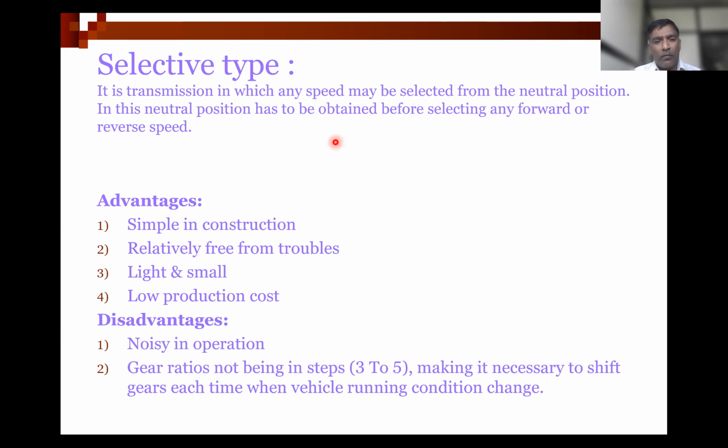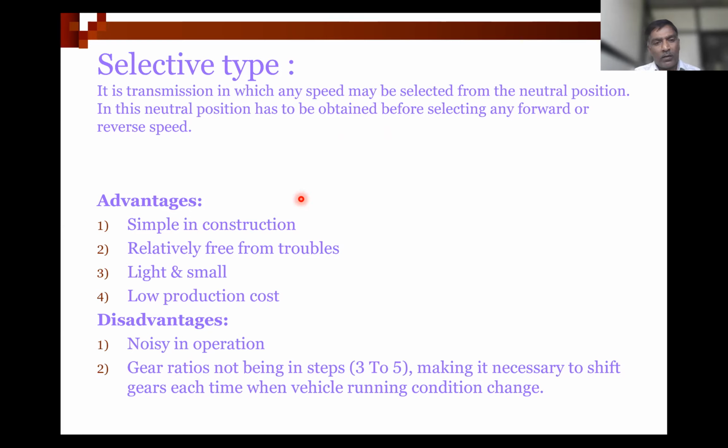Every time for this selective type, we need to go to neutral, and then we can select any forward or reverse speed. That is in the case of the four-wheeler.